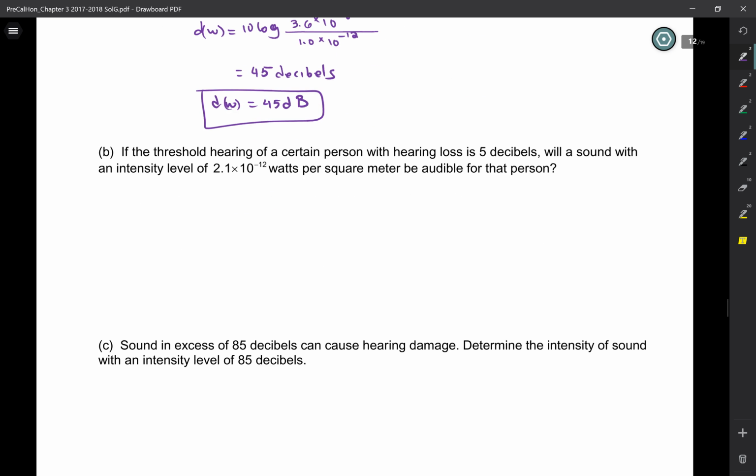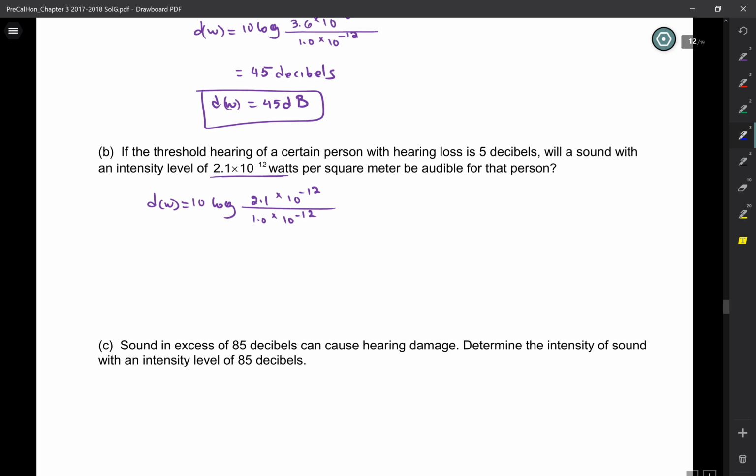Now, if the threshold hearing of a certain person with hearing loss is 5 decibels, so they have to have at least 5 decibels to begin to hear you, will a sound with this intensity level be audible for that person? So let's see how many decibels that translates to. Here, D of W is going to be 10 log 2.1 times 10 to the negative 12 over 1.0 times 10 to the negative 12.